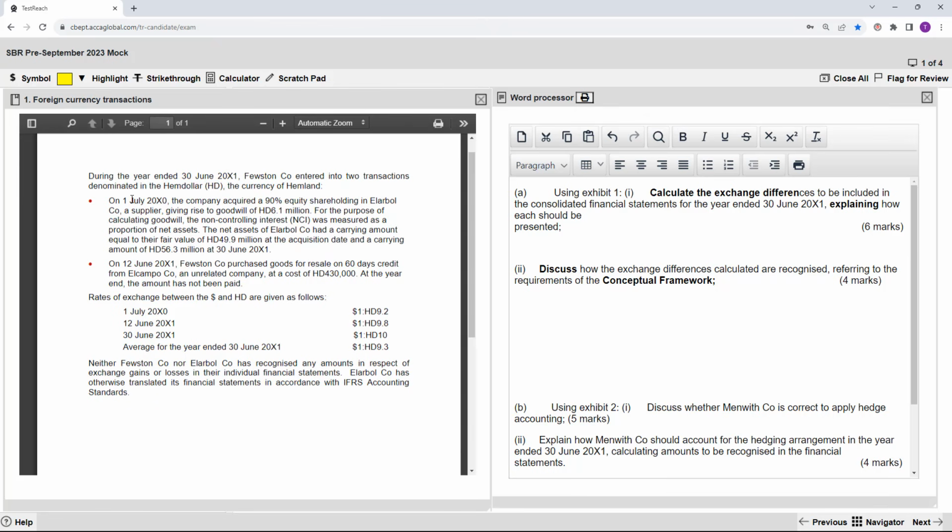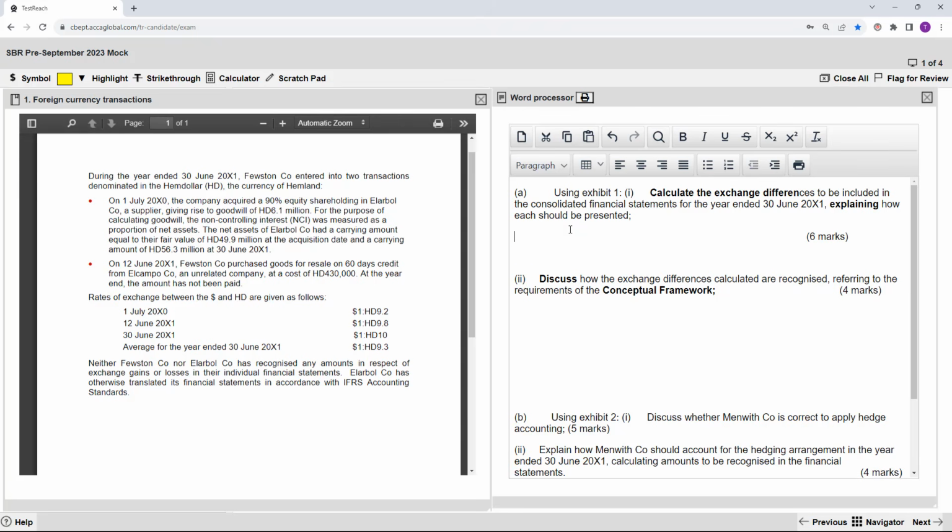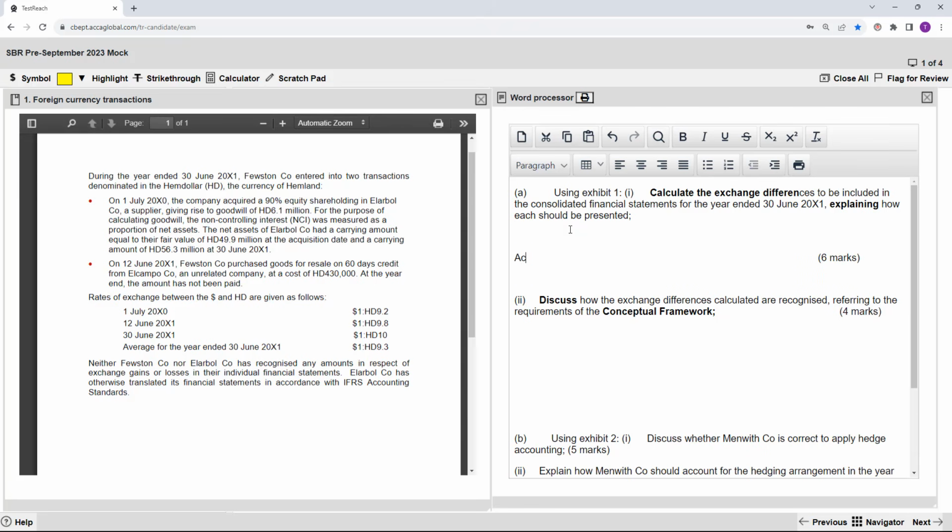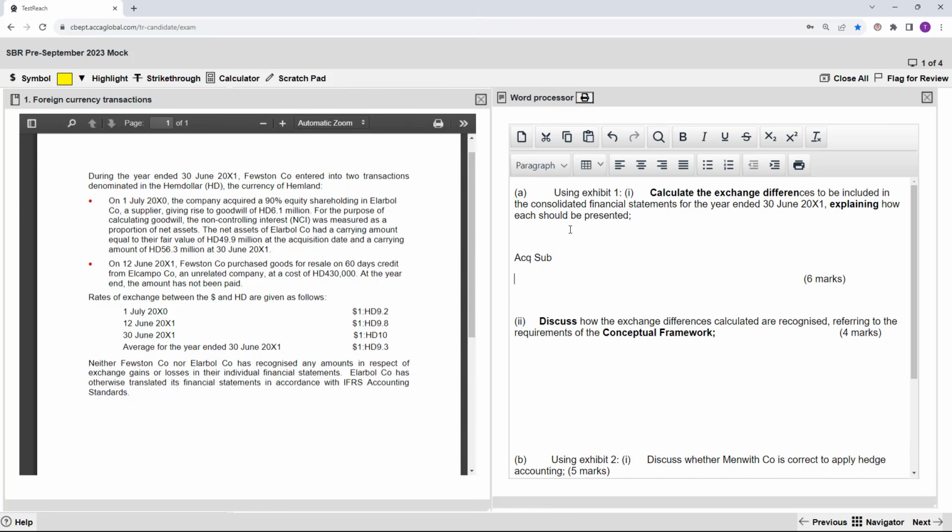Now, one of them is that at the beginning of the year, we bought a sub, and we've got the goodwill of the sub. NCI has been measured as a proportion of net assets, and we've got the net assets. So one of the things we've done is we've acquired a sub, and there will be exchange differences arising in respect of that.